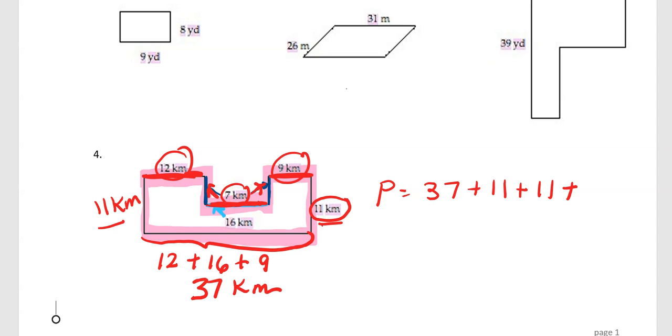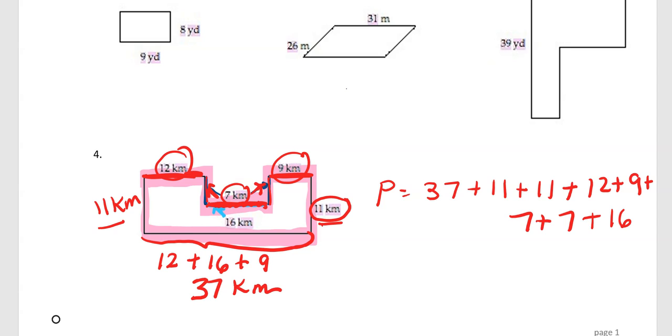Because we have a 7 for each one of these sides. So plus 12 plus 9 plus, you could do 7 times 2, or you could just do 7 plus 7. Did I miss any? I think I may have missed this 16 right here. Yes, I believe I missed that 16, so let me add that.